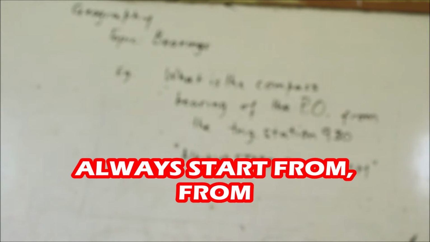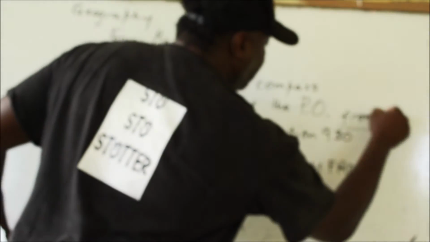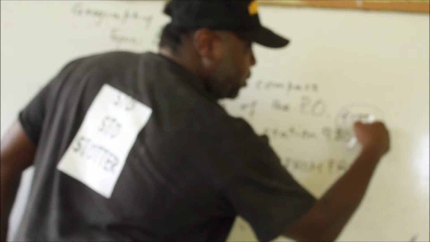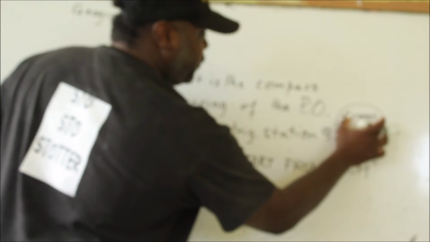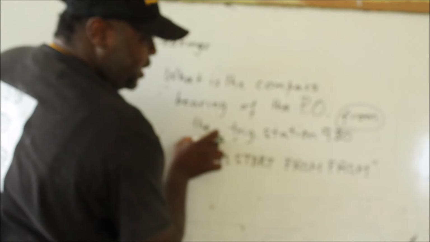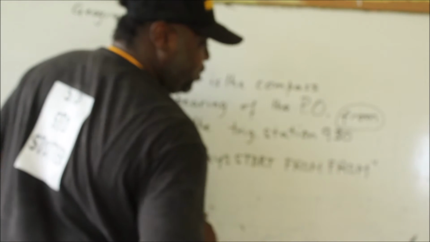But if we analyze the phrase, always start from, then we know that we're literally going to find the word from in the sentence, and we're going to start reading from that point. So, from is here. The thing that is after is trig station 930.